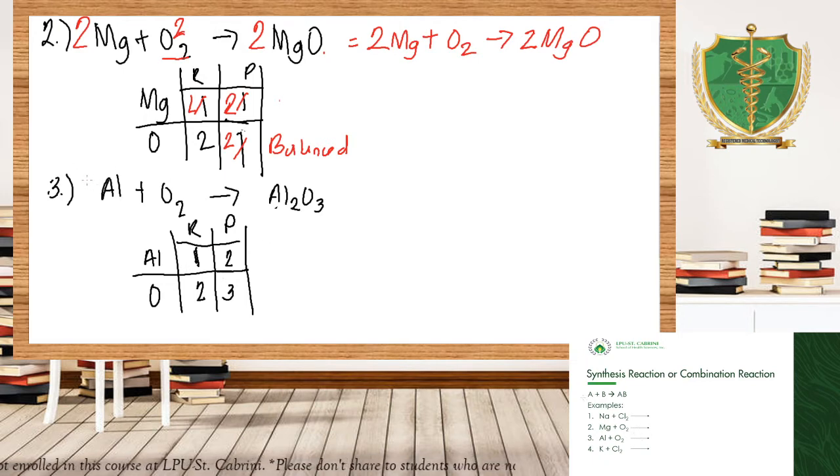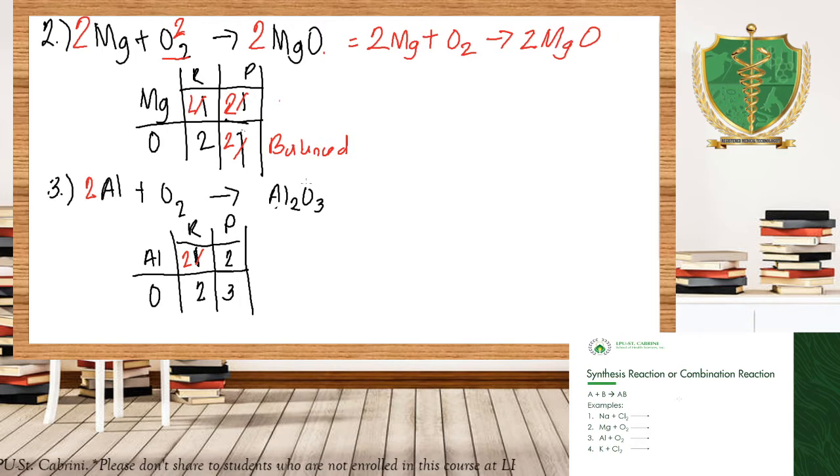Now, if we will add here 2, then this will become 2. Okay? Can you guys follow? I hope you can follow. How about our oxygen? On our reactant, ano siya? 2. On our product, 3.